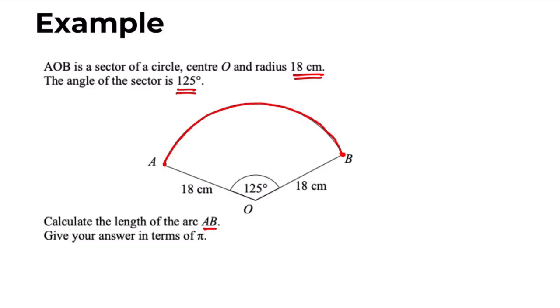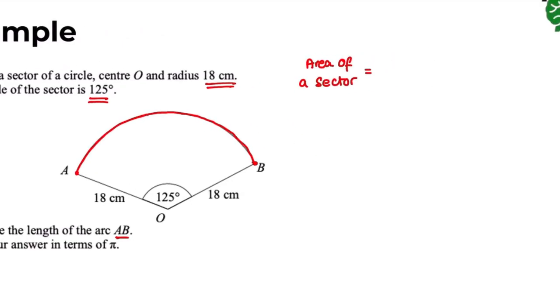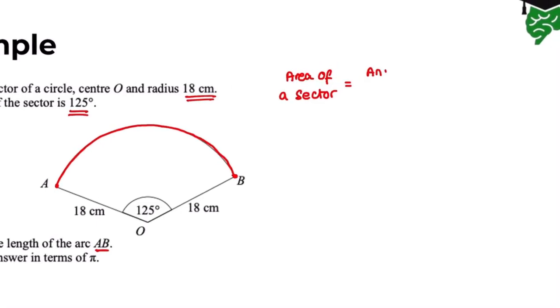The formula that you would use: we know that to work out the area of a sector, you would use the formula angle divided by 360, because in a circle the angles add up to 360, multiplied by pi multiplied by r squared.